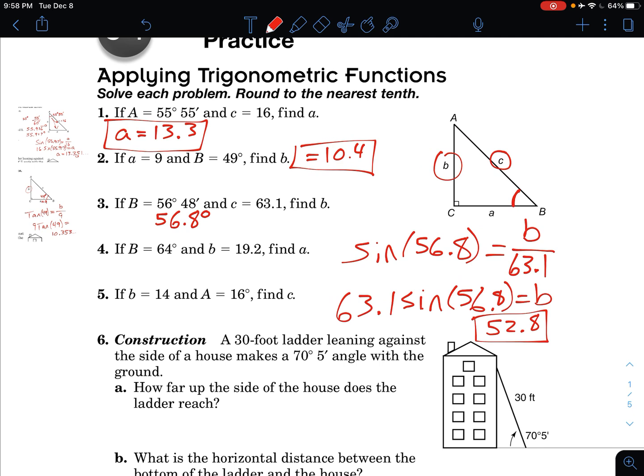Always ask yourself, does that make sense? 56 degrees would keep it near the 63.1. So any of your degrees that are in the 50s or 40s or even the 60s, they're going to keep it pretty close to your given leg.